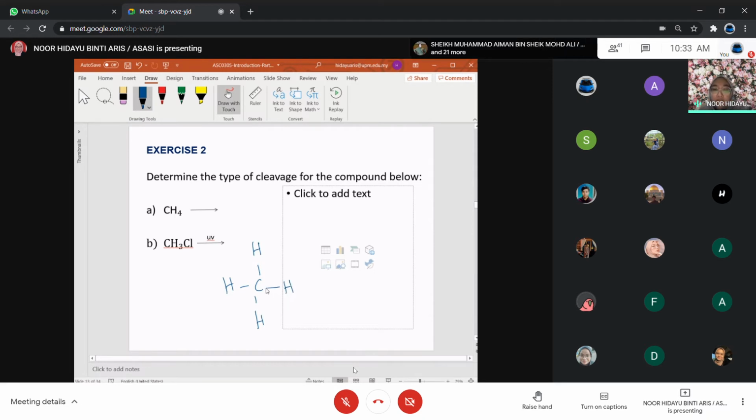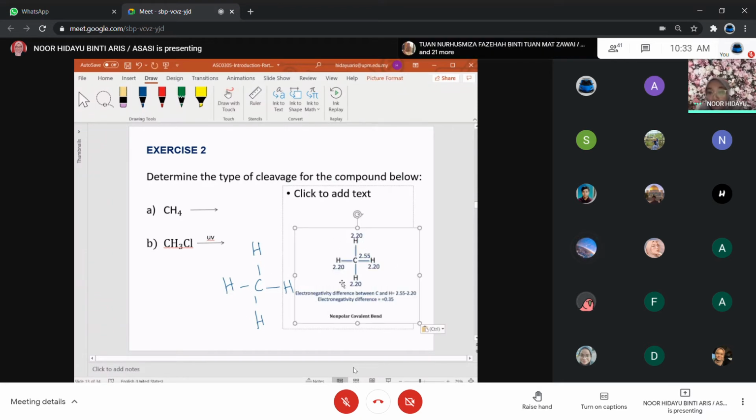Okay, so antara carbon dengan hydrogen, ada tak different electronegativity? Ada ke tak ada? So boleh tengok dekat sini. Yang ini adalah dia punya electronegativity. So electronegativity difference between carbon and hydrogen.